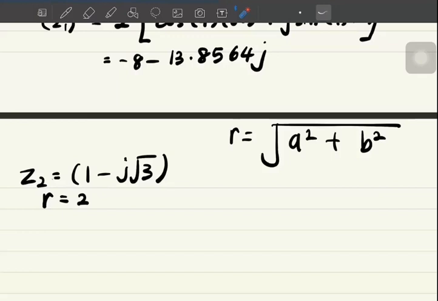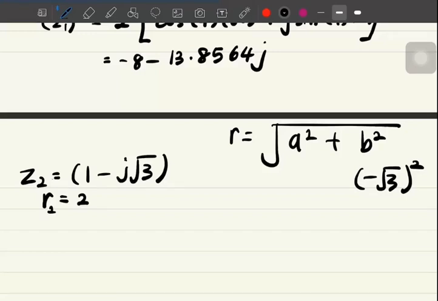Okay, so for Z2, your R2 is still 2. Nilai R awak masih 2. Sebab apa? Sebab sekarang ni B awak adalah negatif square root 3 kuasa 2, so dia akan tetap jadi positif lah. Okay, so if you plot your complex numbers on the Argand diagram, dia berada pada kuadran yang keempat.